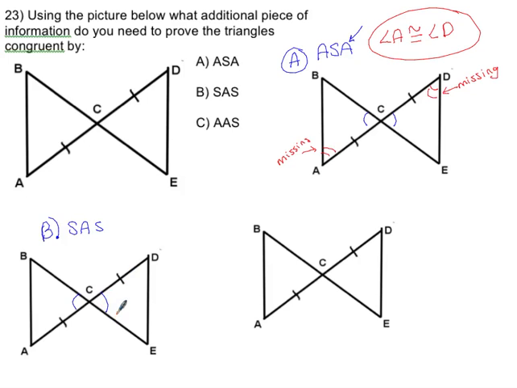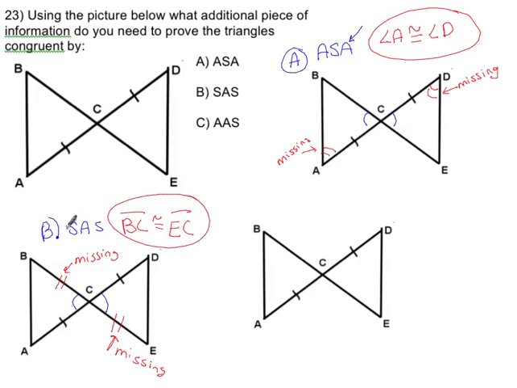Side, angle, side. That's what's missing. So I need to be told that BC needs to be congruent to EC. That's what was missing if I needed to prove it this route.